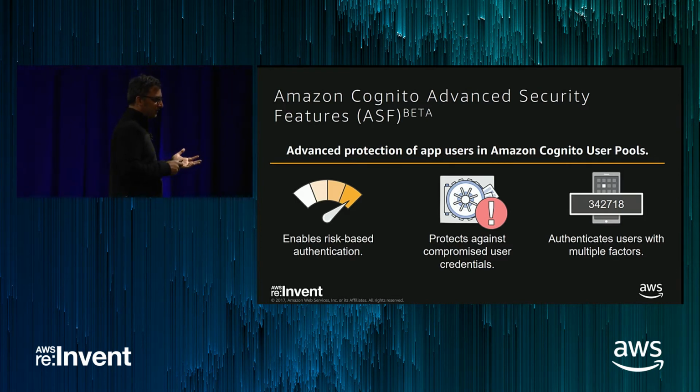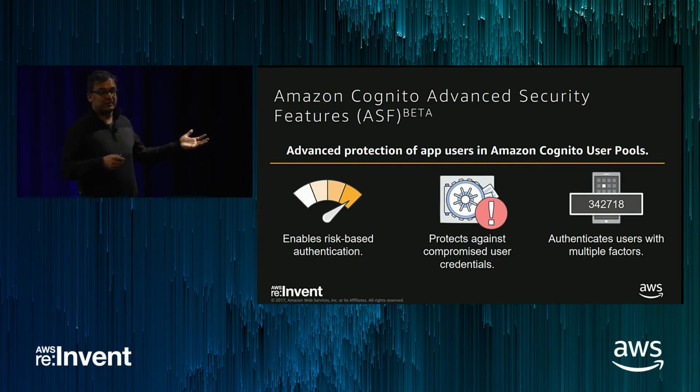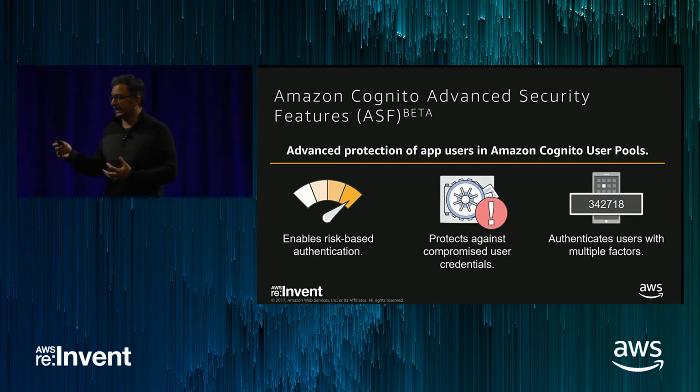As you can imagine, Amazon has been in the business for 20 plus years serving consumers. So over the years, we've built a lot of insight, gathering data across the internet about compromised accounts on our consumer services side. And with Amazon Cognito today, we're offering some of that capability back to you for your applications, where we are getting that data stream about compromised user credentials, and we're going to take advantage of that.